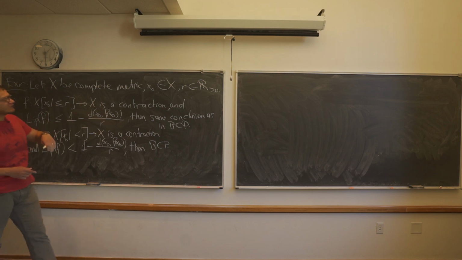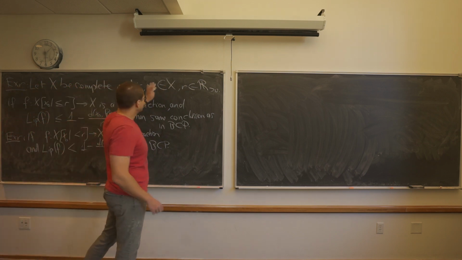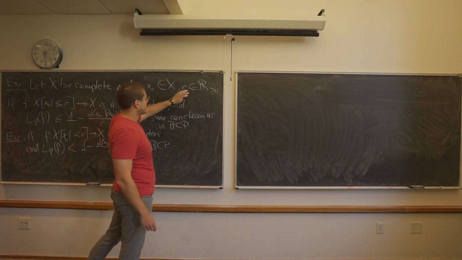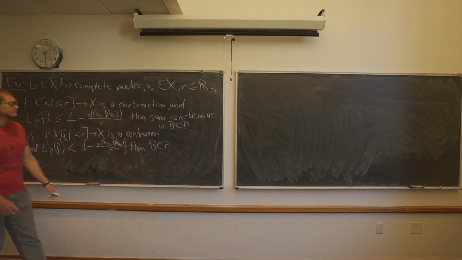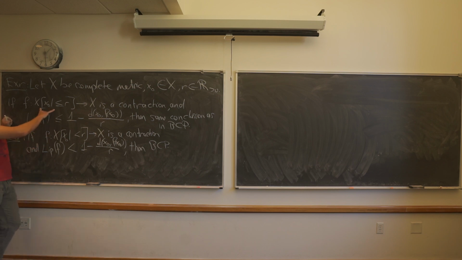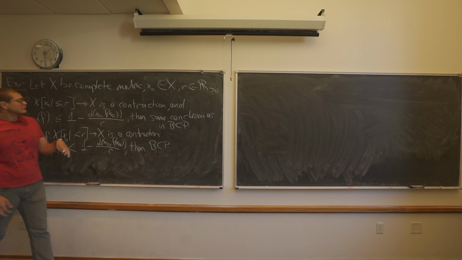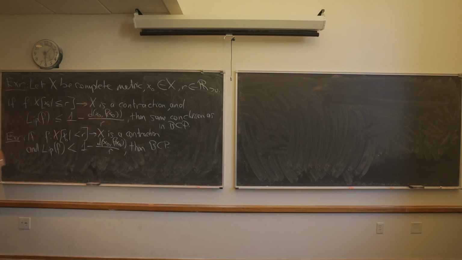I have a complete metric space, and a point and a radius. And let's say that I have a function f defined on the closed ball in X, centered at x0 of radius r. Okay. At this stage, I'm not even saying that f is taking this ball into itself. But this is a metric space. It's a subspace after all. And I can still talk about the notion of a contraction.